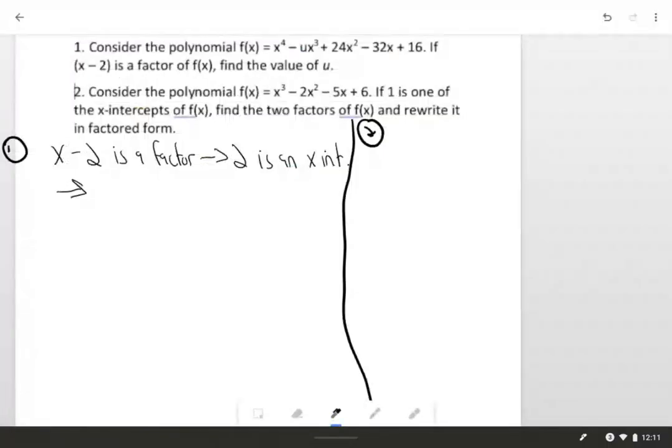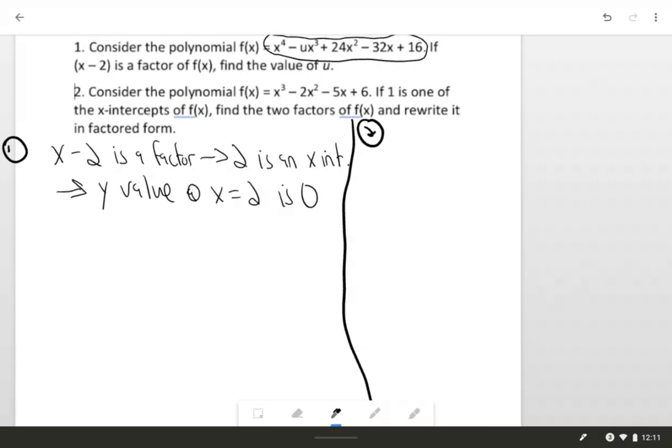So what that means is that if I take this polynomial and plug in 2, because it's an x-intercept, I should get an answer of 0. Now, if I know that, then I can figure out what u is, because that is the ultimate goal of this question: find the value of u.